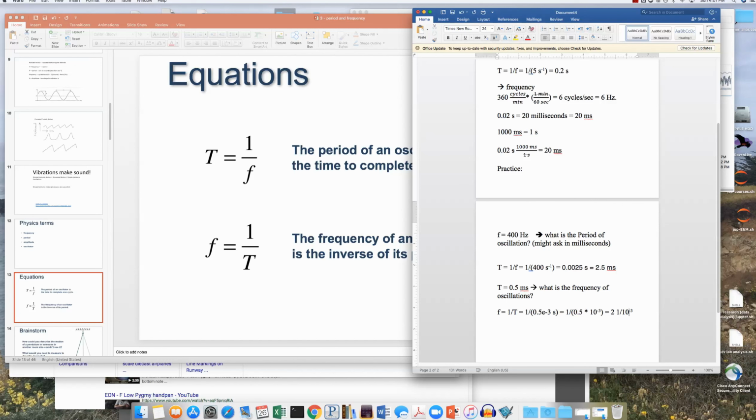And so if you remember from before, I'm going to go ahead and put my multiplies there, and we have also some seconds as well. So we have 2 times 10 to the minus 3, and then we have 1 over seconds, so inverse seconds, which is hertz. And then we can see from here that this is just 2 times 10 to the third. And then it's going to be inverse seconds, which is hertz. So this means 2,000 hertz is our answer.